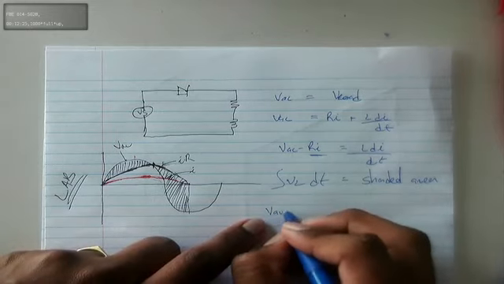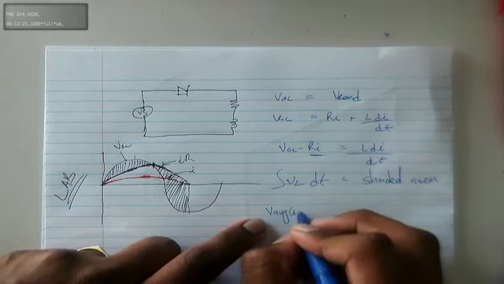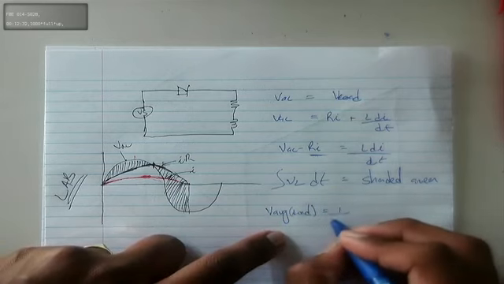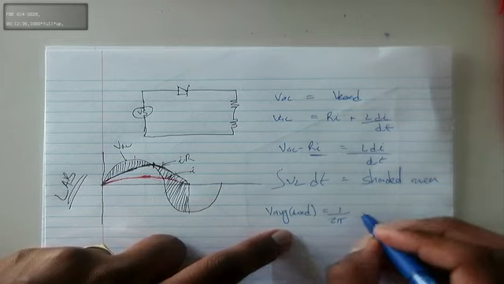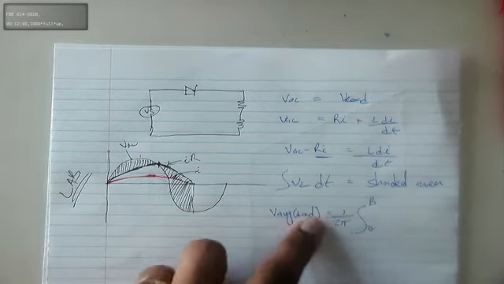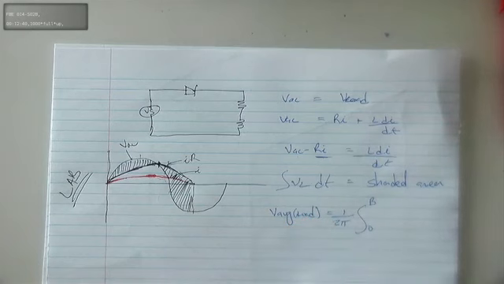V average of load is equal to 0 to beta. Okay. Now, when I said in an inductive load it is very difficult to understand the output because this beta keeps on changing.